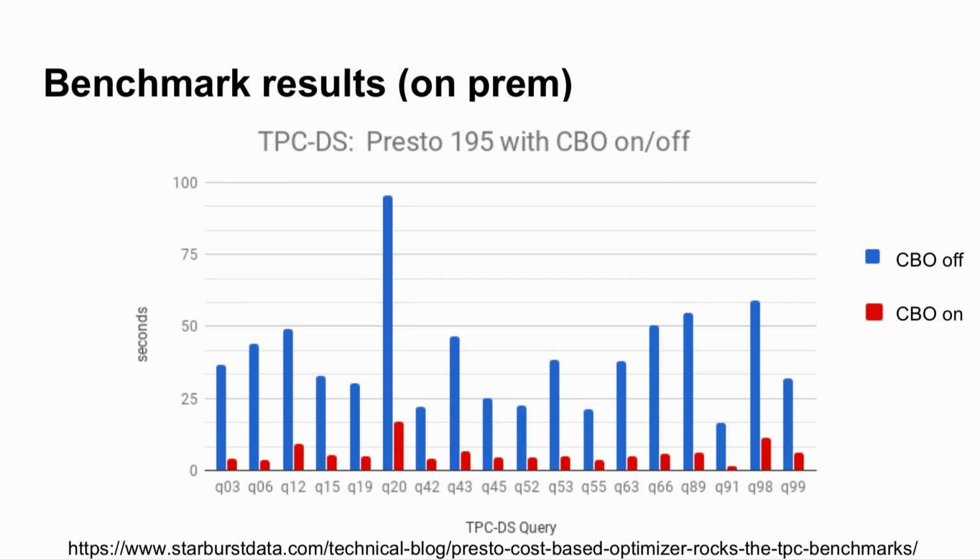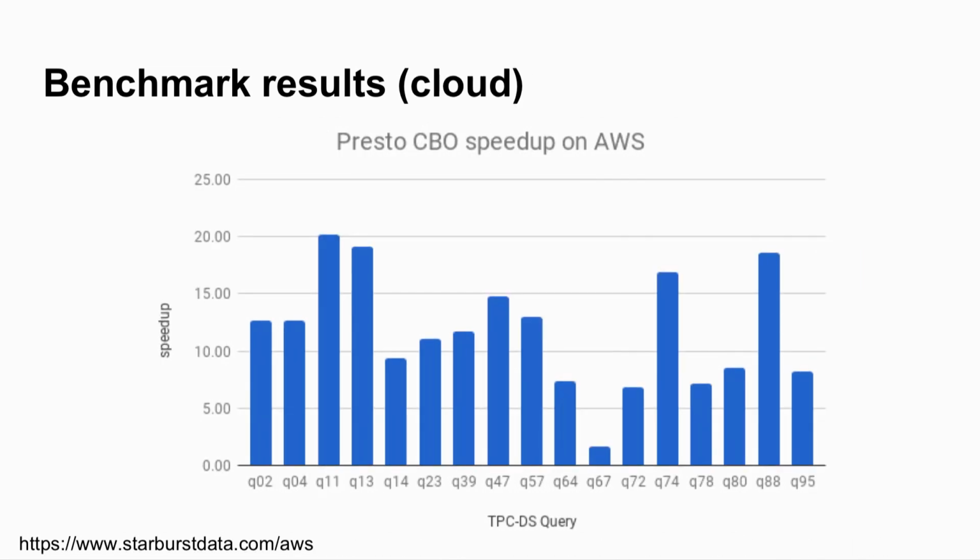And so we're really proud of this achievement. So this was on one cluster, one benchmark. The other benchmark that we recently ran was run on AWS. Again, Presto with this optimizer integrated, and Presto without this optimizer integrated. And those are the relative speedups for selected queries.